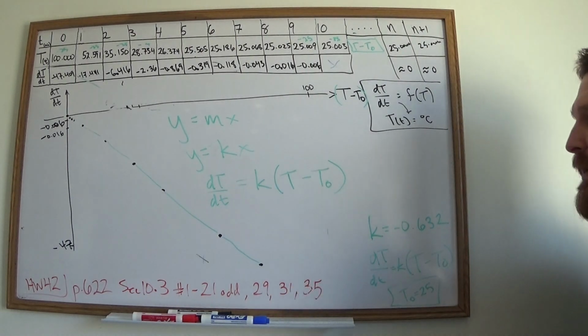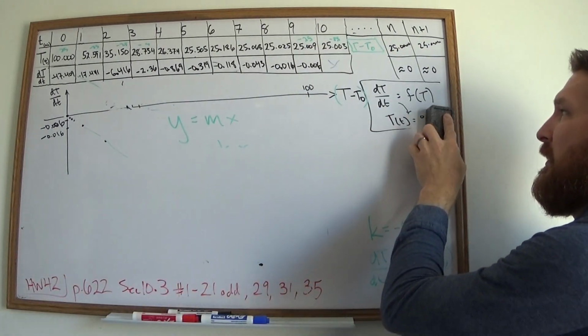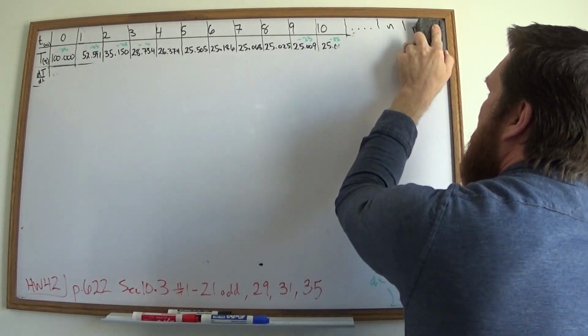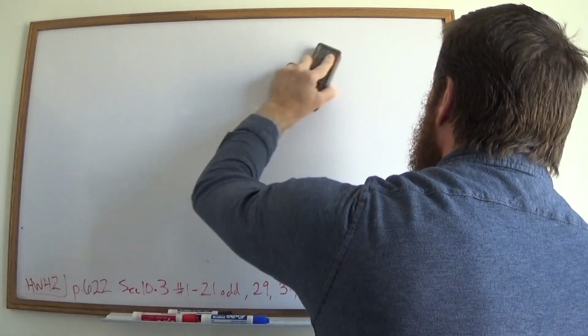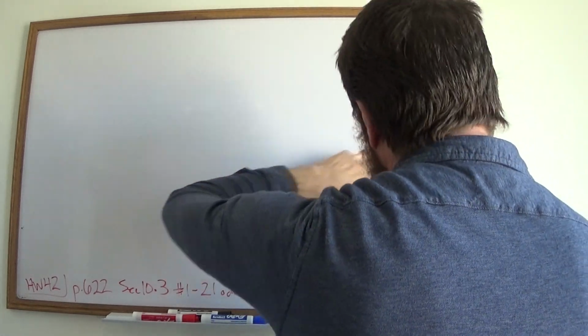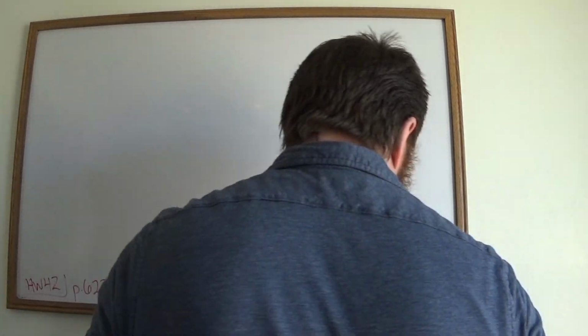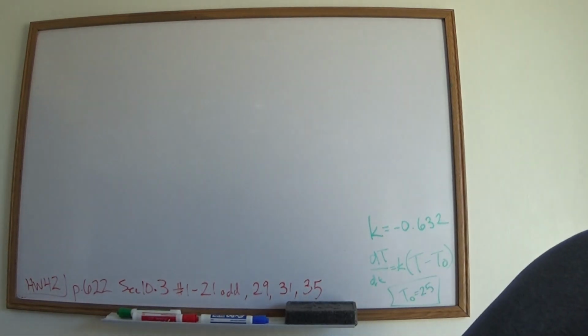This differential equation is of a certain type, and it's called separable. It's actually a first-order linear separable differential equation. But what we're interested in now is the fact that it's separable. We're going to talk about what that is right now.